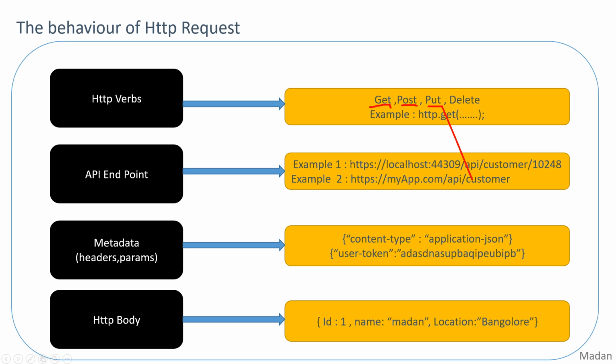With the registration form, you are inserting new records into the database, or you want to update your form by using your ID, or you want to delete a record, or fetch a record. So these kinds of activities can be handled by the HTTP verbs.